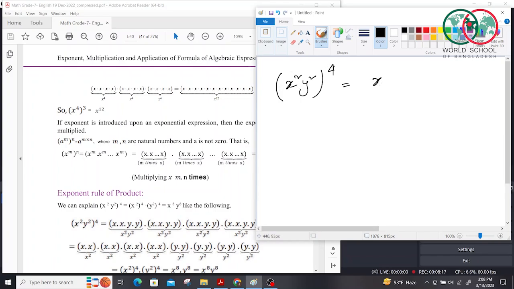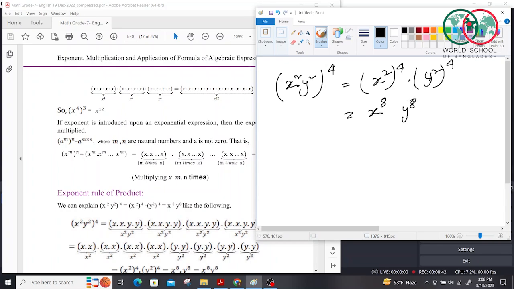When two variables are in multiplication form and the whole is raised to a power, we can simply separate them: x square to the power 4 into y square to the power 4, then it becomes x to the power 8 y to the power 8.